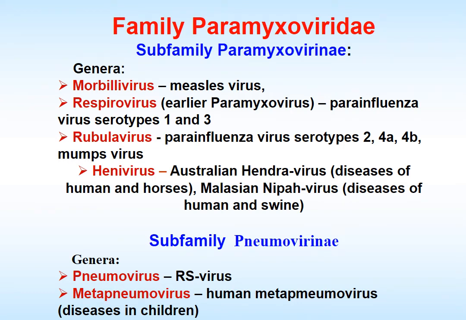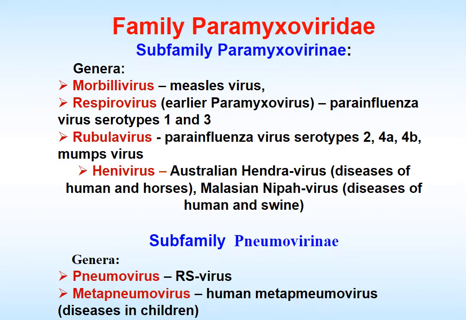Now, the second family for today, Paramyxoviridae. Paramyxoviridae contain two subfamilies, Paramyxovirinae and Pneumovirinae. Paramyxovirinae contain the genera Morbillivirus, measles virus, and Respirovirus.